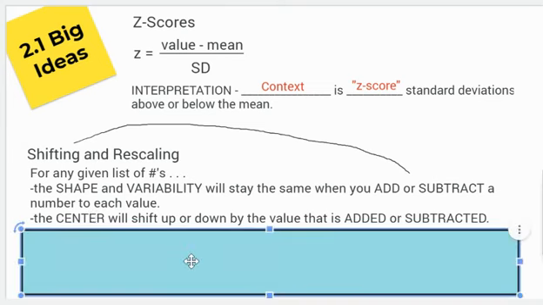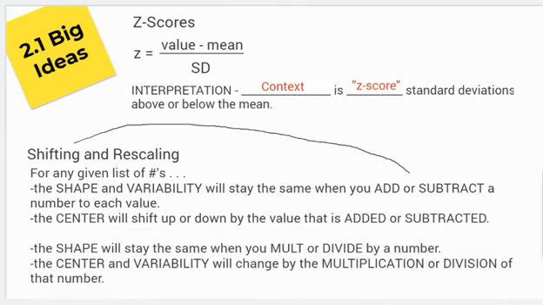Now, what about rescaling? When we say rescaling, we're talking about multiplying or dividing. So if I change colors here, rescaling, if I come all the way around to here, is multiplication or division. And if we multiply or divide every data point in our data set, the shape will stay the same.